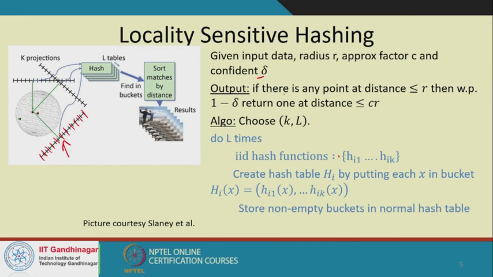Of course there are potentially many buckets, and not all the buckets will have points in them. So after we have created the hash ID for all the points, we store these non-empty buckets in a standard hash table to instantiate the table hi.